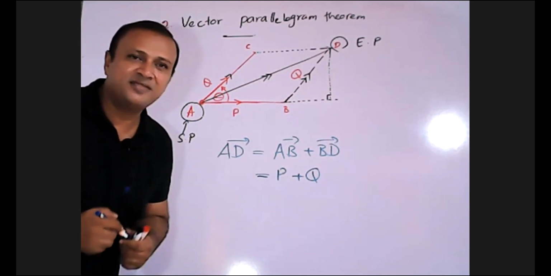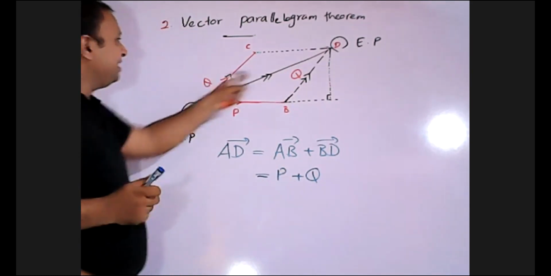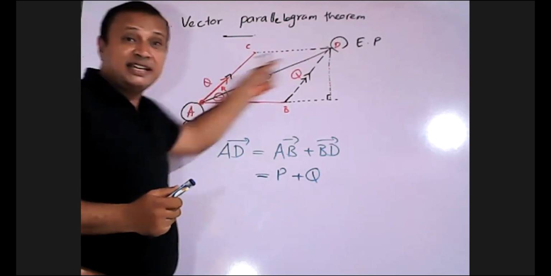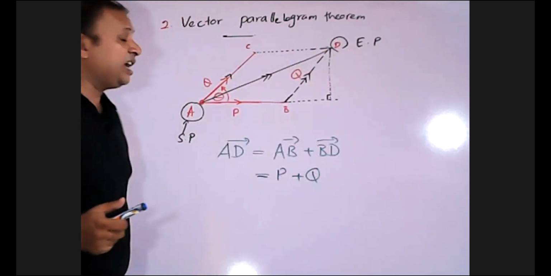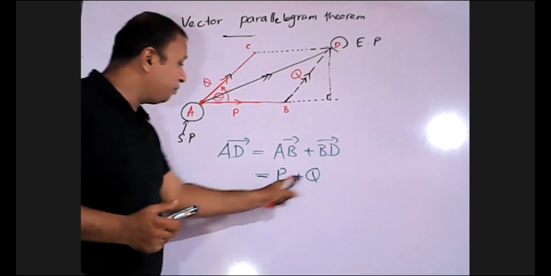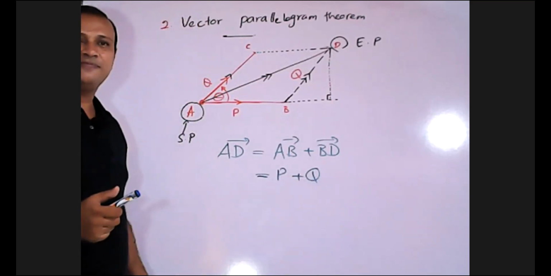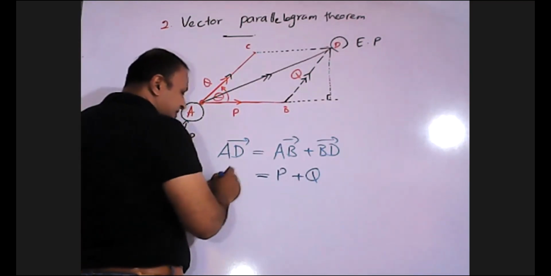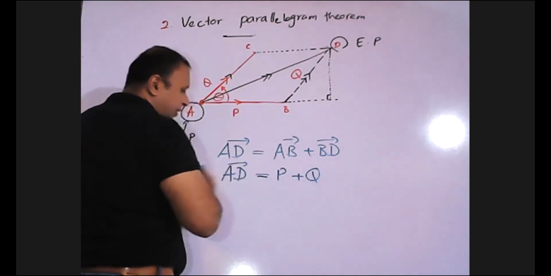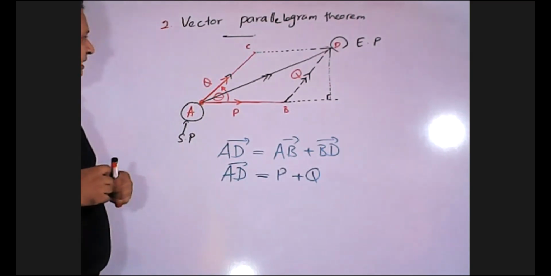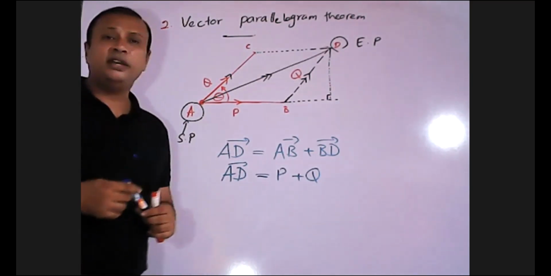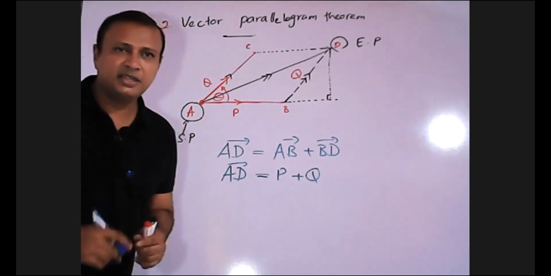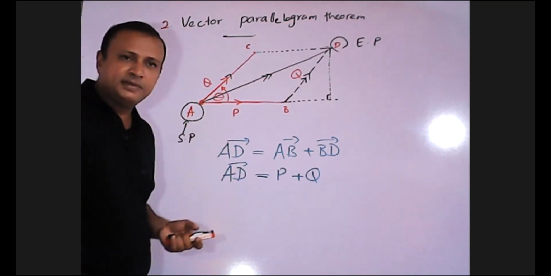What is the result? The AD diagonal is the addition of P and Q. This is the vector parallelogram theorem. Did you understand? Did you get my point?